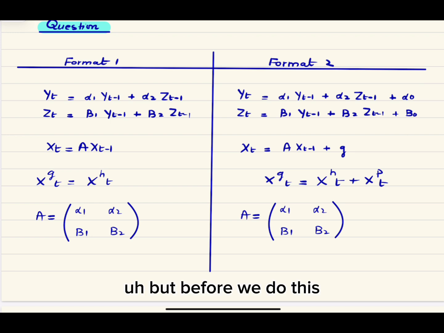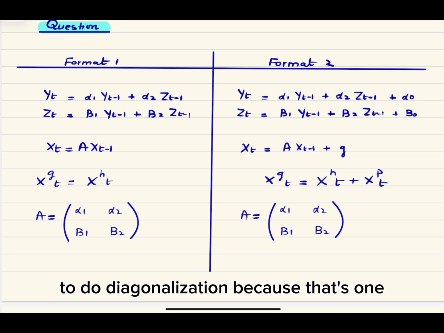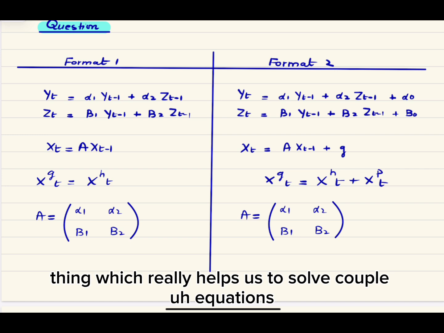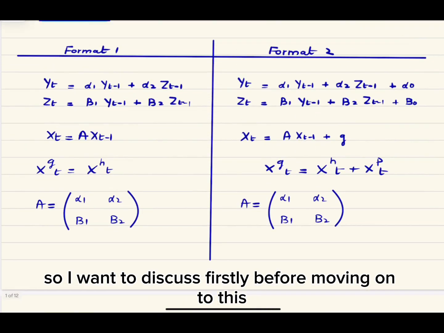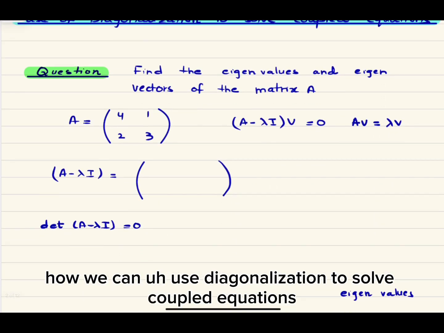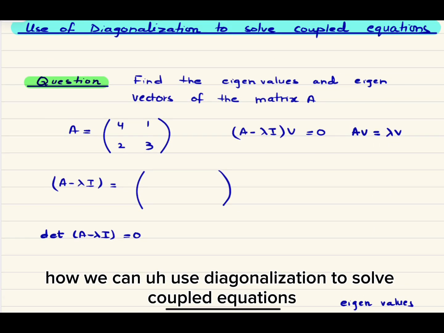But before we do this, we want to understand how to do diagonalization, because that's one thing which really helps us to solve coupled equations. So I want to discuss firstly how we can use diagonalization to solve coupled equations.